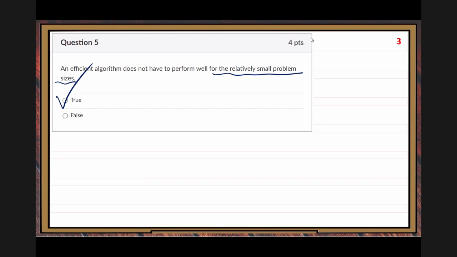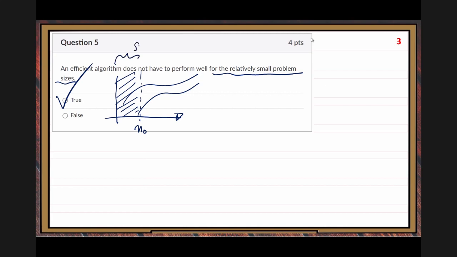Why? Remember, when we draw figures for asymptotic notations, one below another one, we have a vertical line, n0. We do not look at the part before that n0, right? Why do we ignore that part? That means for the size relatively small, it's not important.